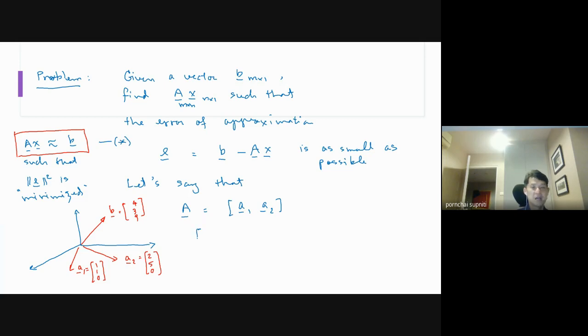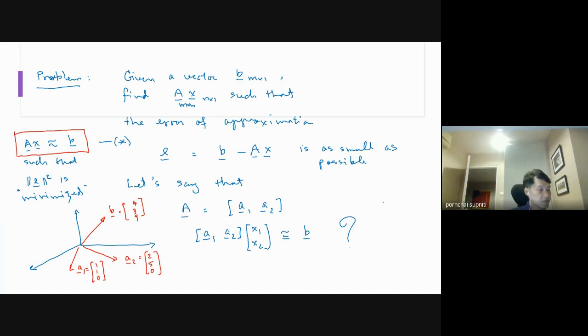We have A times X approximately equal to B. So I can write A1 and A2 like this, and multiply with X. X is just the coefficients, X1 and X2, meaning that we want to combine A1 and A2 to approximate B. And this B is 4, 3, 9. So can we do it? That's the question.